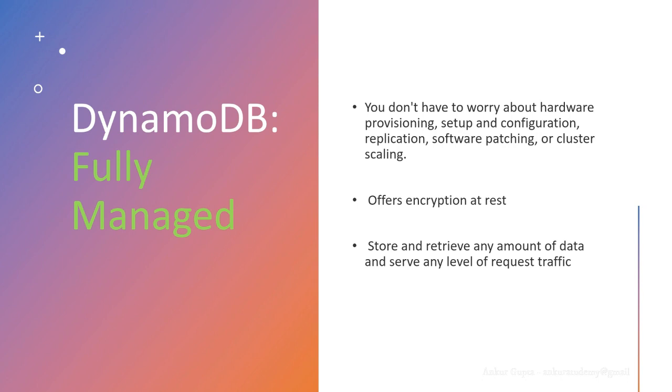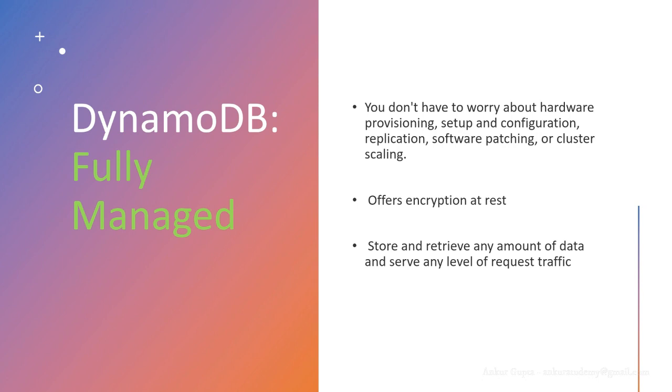AWS takes care of all the provisioning, setup, and configuration for us, and we don't have to worry about the backend or underlying hardware that AWS uses and scales as per the load of the application increases. So things like replication, software patching, taking care of security bugs and issues, and also cluster scaling is taken care of by AWS.